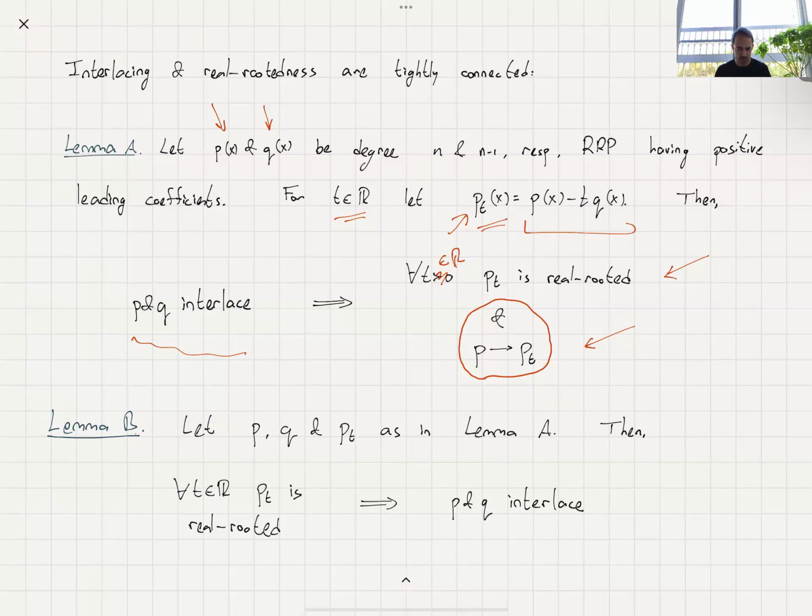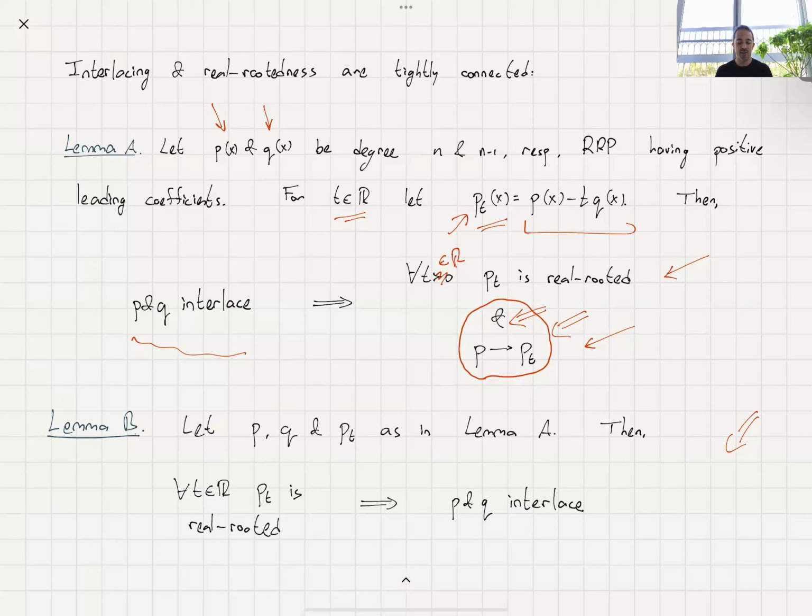We'll just see it during the proof. But it will be nicer to keep this, because we want this end, and for that end, we actually do need t to be larger than 0. And the reason I'm saying that is because when stated like that, if for every t in R, P_t is real-rooted without this result, then you get a converse.